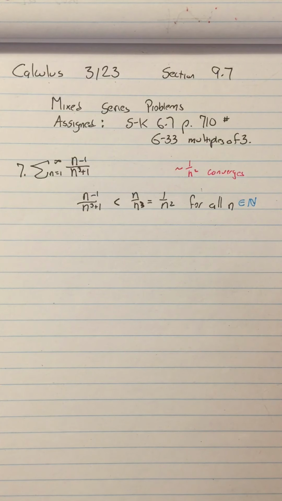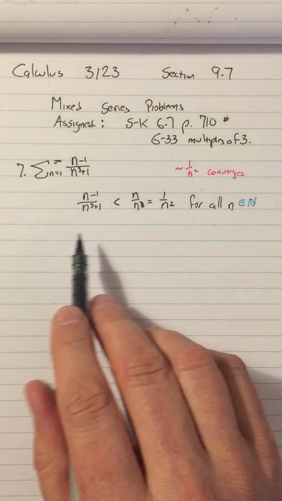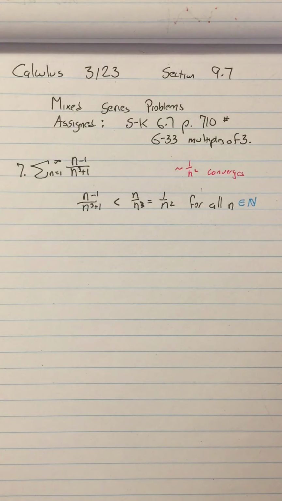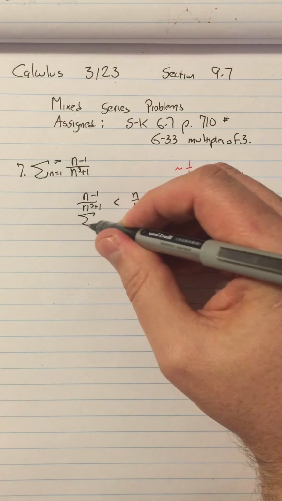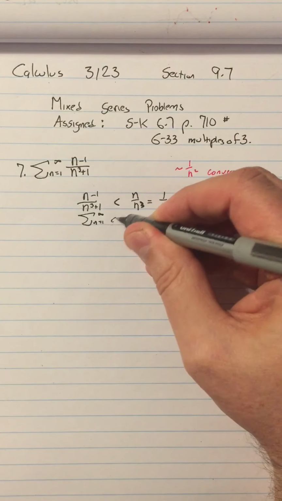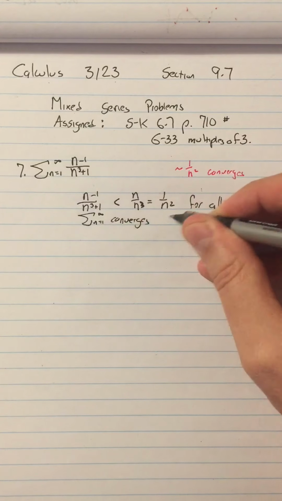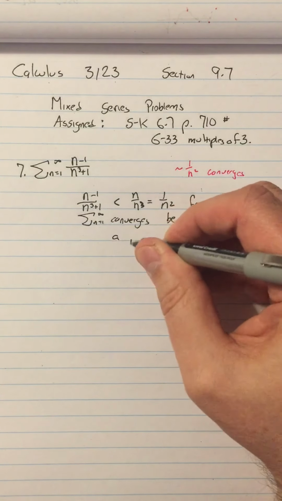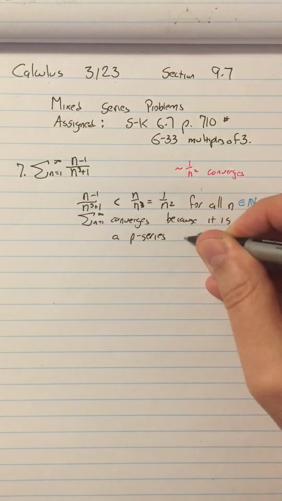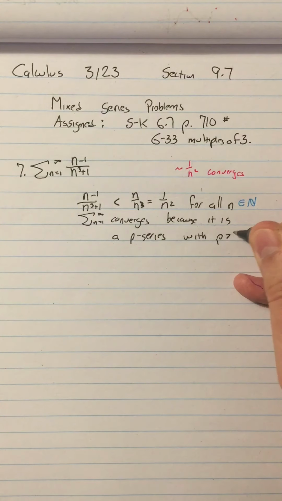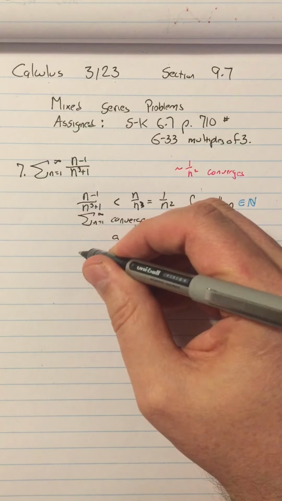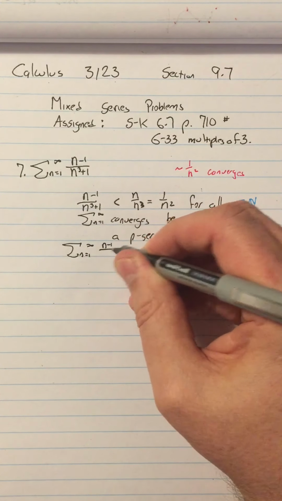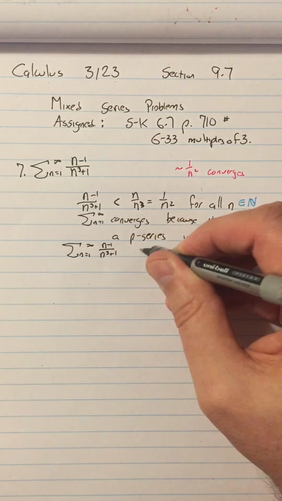All right, so now that I know that this series is smaller than a known convergent series, I can wrap it up by saying the sum from n equals 1 to infinity of 1 over n squared converges because it is a p-series with p greater than 1, and the sum from n equals 1 to infinity of (n minus 1) over (n cubed plus 1) converges.